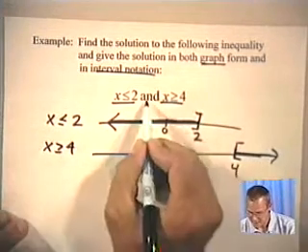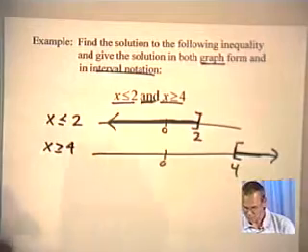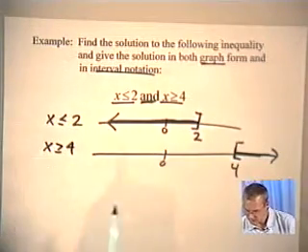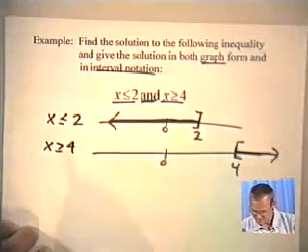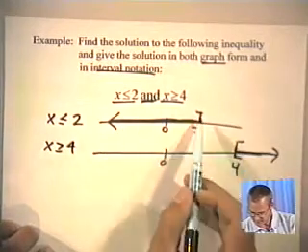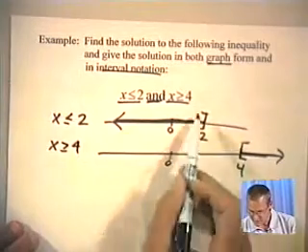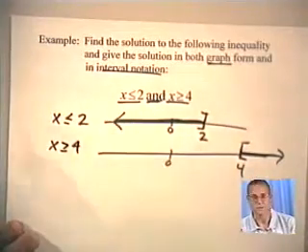Now remember, the word "and" means what's in common with both. Now take a look. Do we have any common points in each interval? Well, it doesn't look like it. So what are we going to write? There's nothing in common with this interval and this interval.